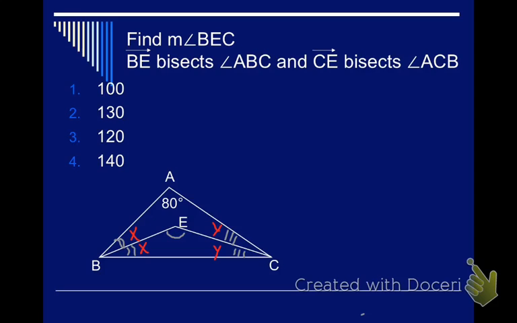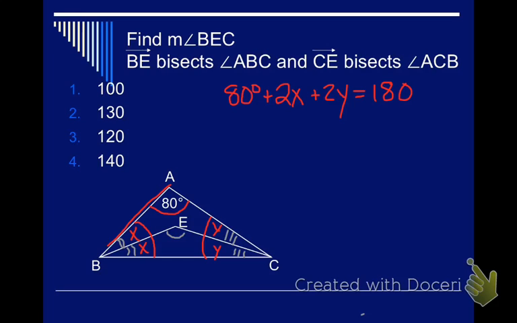So what that means is the 80-degree angle CAB, plus the 2 x angles added together, plus the 2 y angles added together, equals 180 degrees. So that's looking at this 80-degree angle, these 2 x's, and these 2 y's.